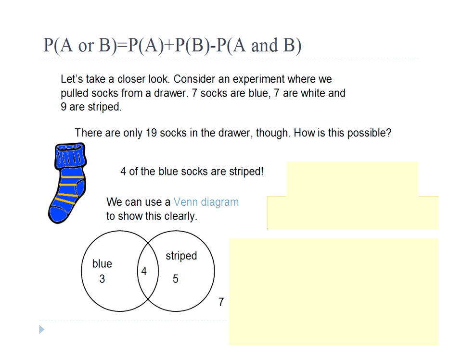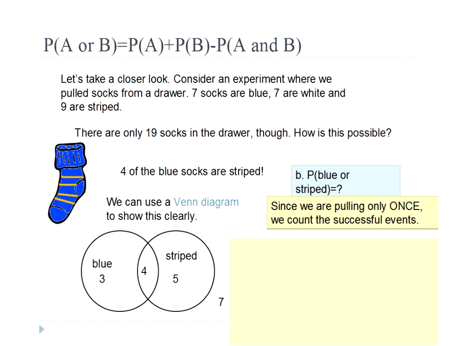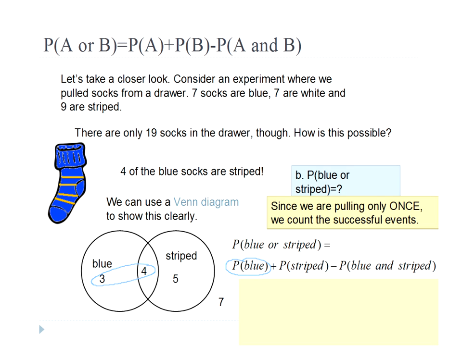If I look again here, blue or striped, again, I'm only pulling once, so I'm going to count the number of ways to get success. So what I have here is the probability of getting the blue ones plus the striped minus both. I'm going to show you kind of how this works. I don't think you would do it this way, but the probability of getting a blue one is 7 out of 19.